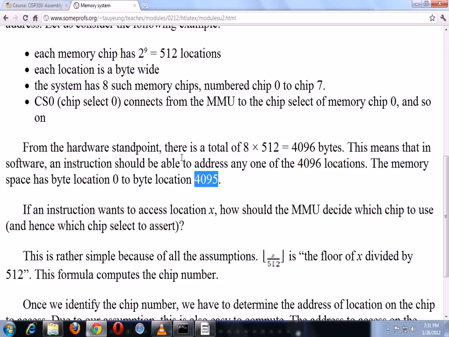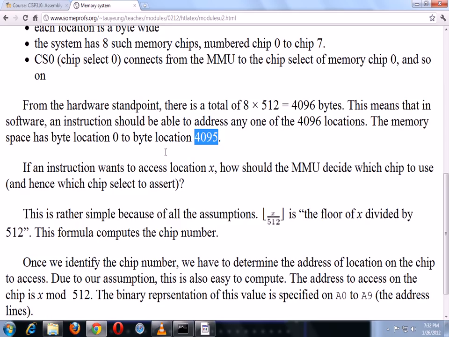It's 4,095 because we counted from 0 and not from 1. All right. If an instruction wants to access a location X, assuming location X is somewhere between 0 and 4,095, the question is, what does the MMU have to do in order to access that single location X?